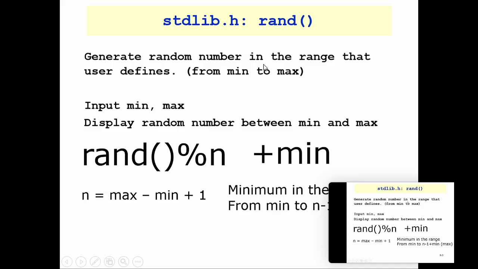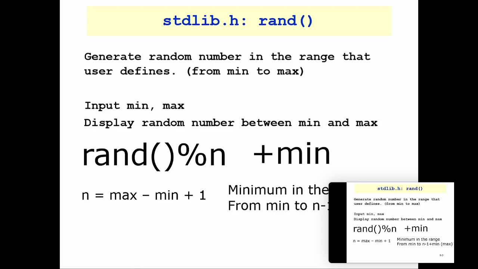Then, how can you define this rand function? Actually, if you want, you can remember this: rand() % n + min. N means the number of numbers, how many numbers you have in the range.